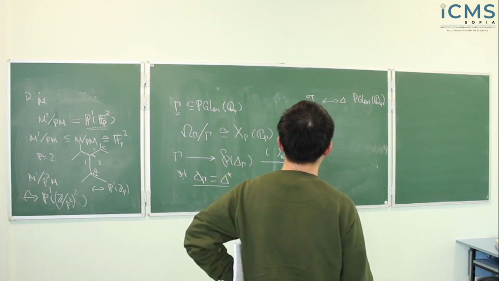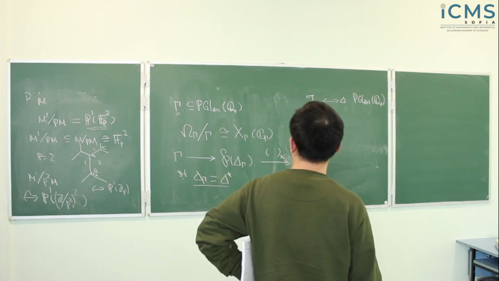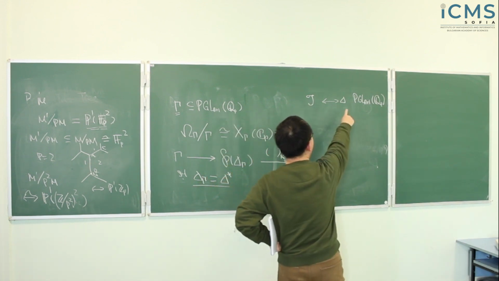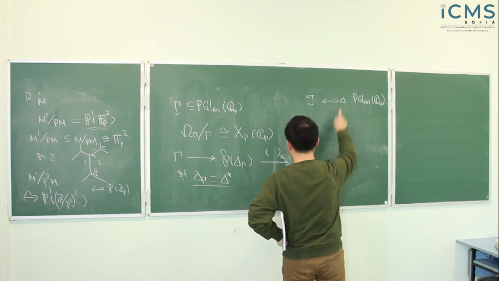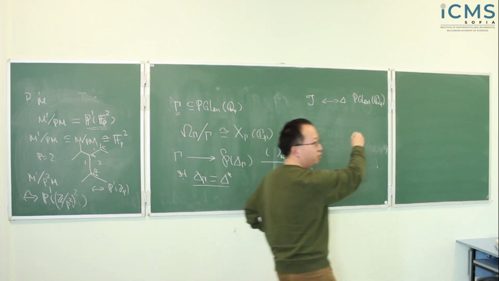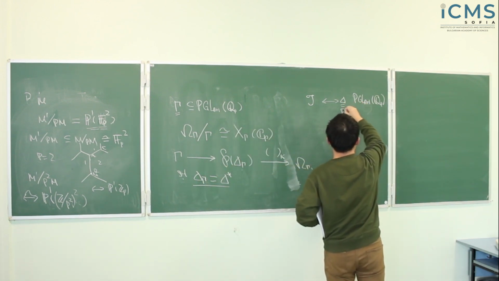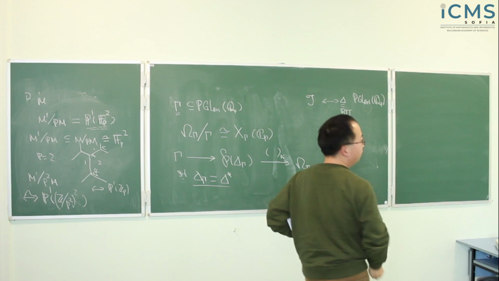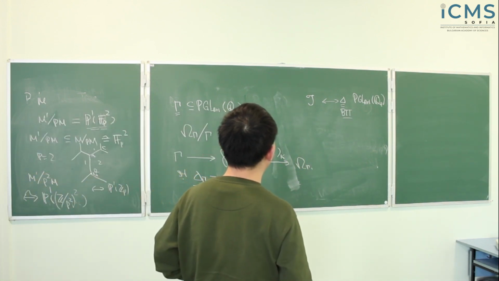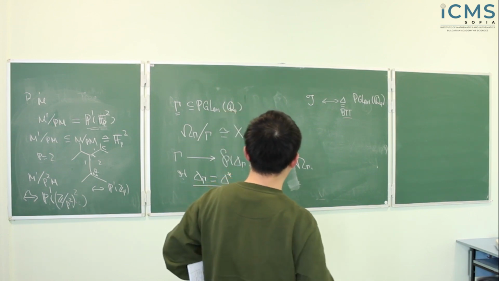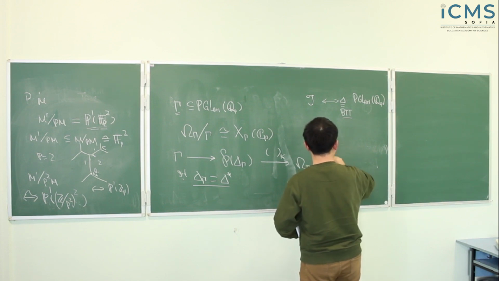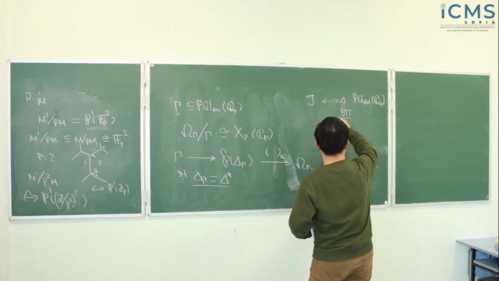And you may ask, if delta gamma is equal to the Bruhat-Tits tree associated to PGL n+1 of Qp, how can we define it? If we have two vertices, here's M and here's M prime.